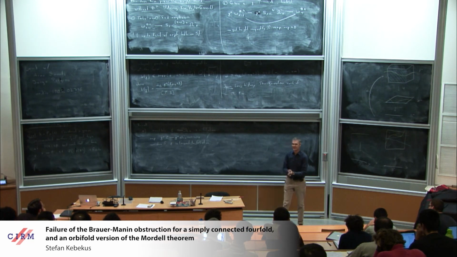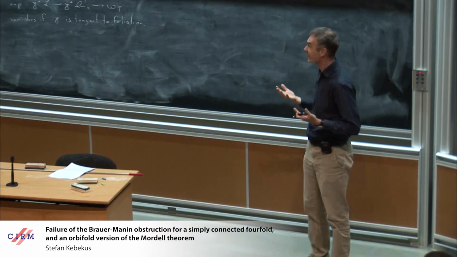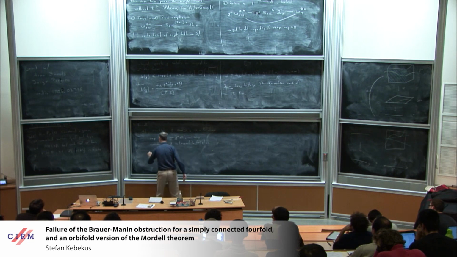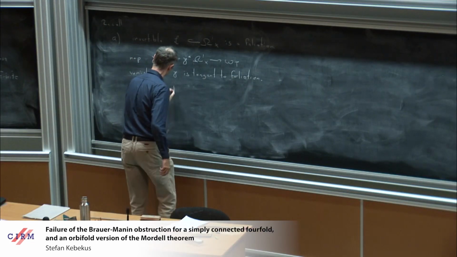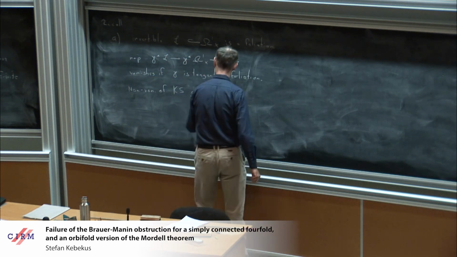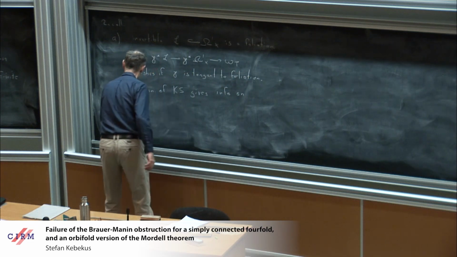I can say something about the maximal destabilizing sheaf and stability or non-stability of omega 1 on this curve. I have something to say about Chern classes, and then I also get a height estimate. So non-vanishing of Kodaira-Spencer gives info on Chern classes.